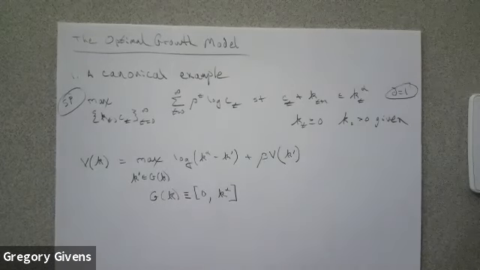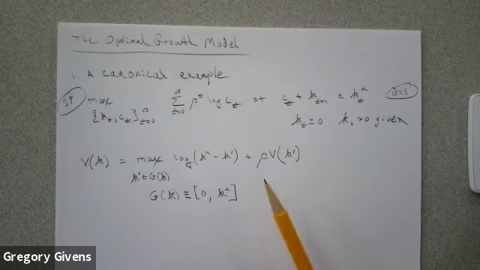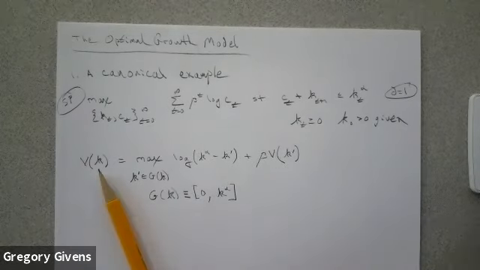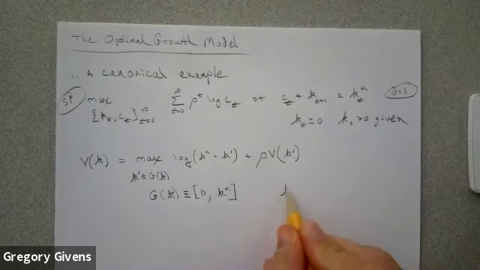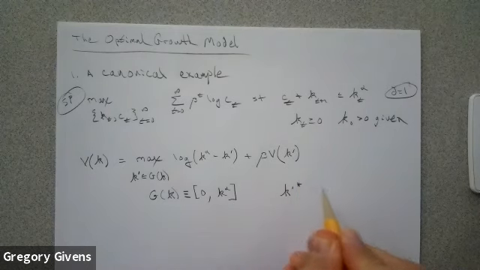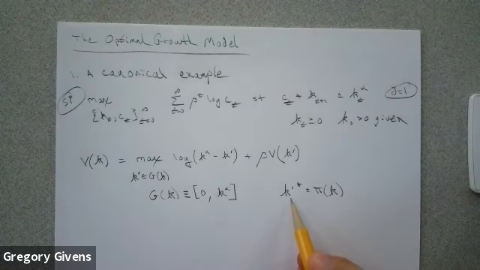What we want to do is to be able to establish, without actually solving this problem, that there exists a unique, continuous, and bounded value function, V, as well as a unique policy function, pi, that shows how the values of the state determine the optimal value of the control.